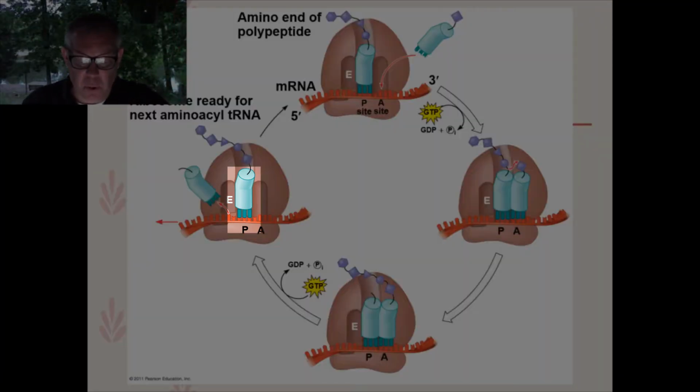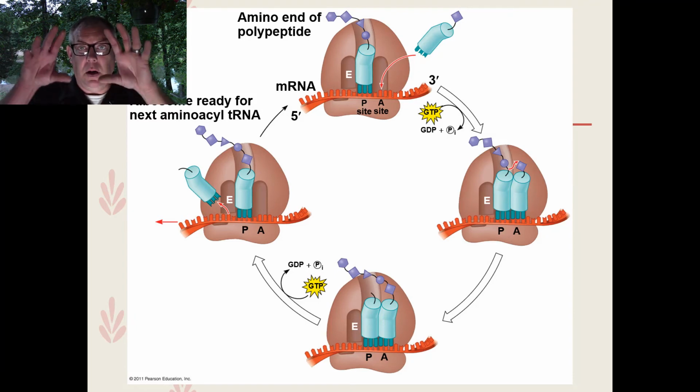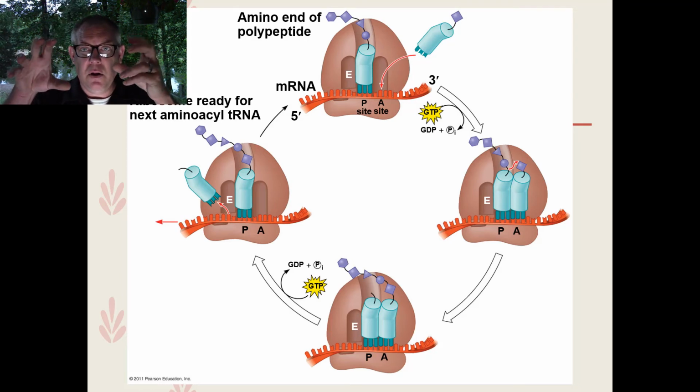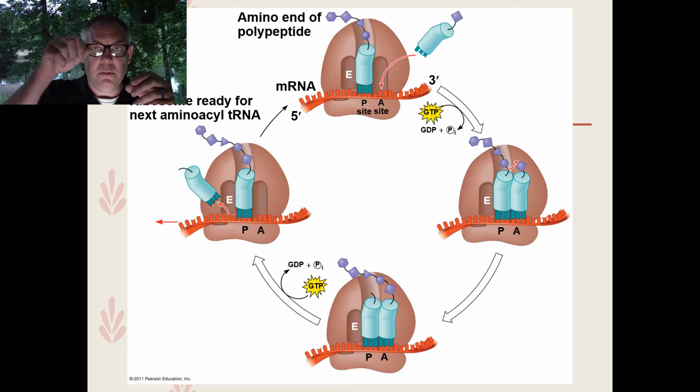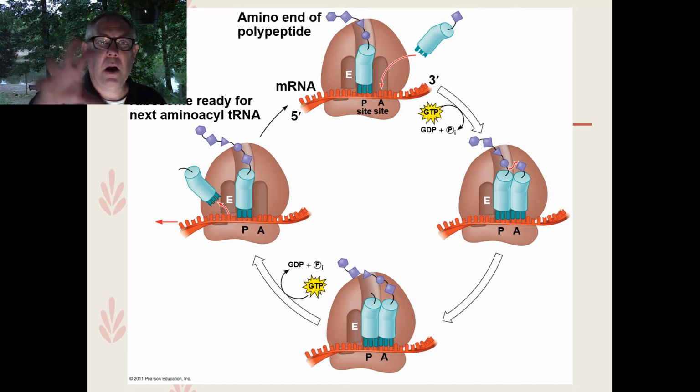And now we're ready to read the next codon. And so we're ready to bring in the next tRNA, and so on and so on. So you can see how this cycle is just, read it, bring in the tRNA, transfer the polypeptide, read it, bring in the tRNA, transfer the polypeptide. That's what the ribosome does to build the polypeptide.